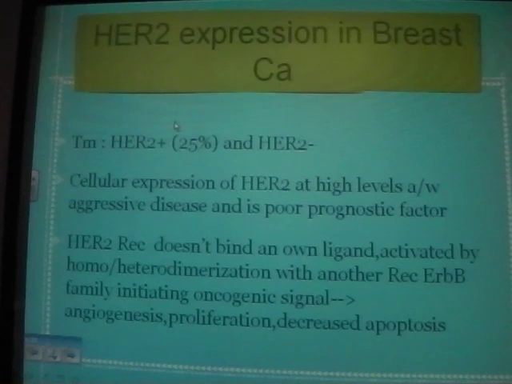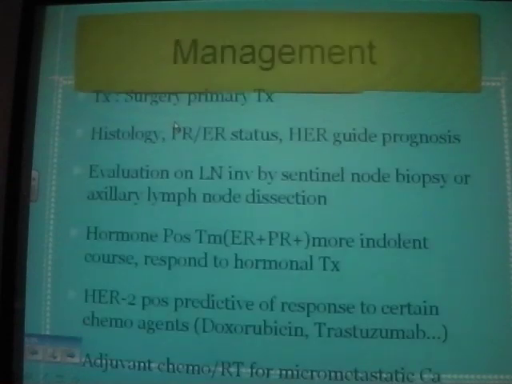But in this case, it's activated not by a ligand, but by dimerization with another receptor of the ERBB family, and initiates an oncogenic signal with angiogenesis, proliferation, and decreased apoptosis, which are once again just the backbones of cancer pathogenesis.